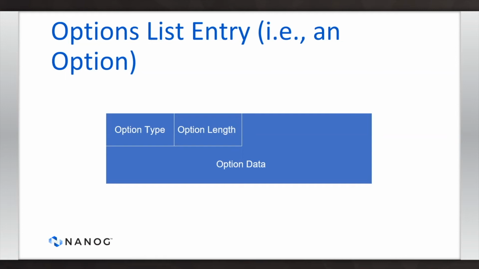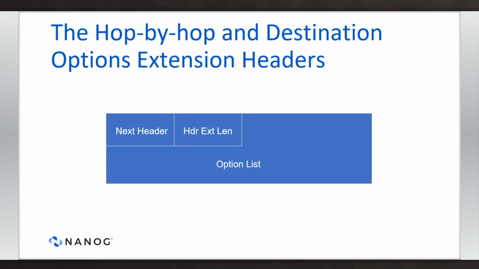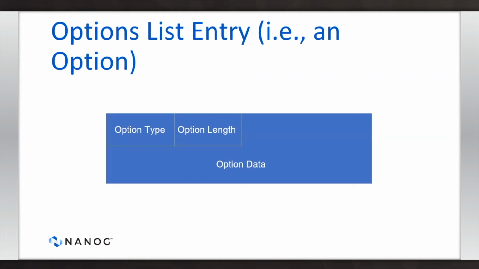It has an option type, an option length, measured in bytes, and option data. And there are a couple dozen of these. This format, hop-by-hop and destination options header, and the options, you'll see it's identical for the two. They are both a bundle of options.